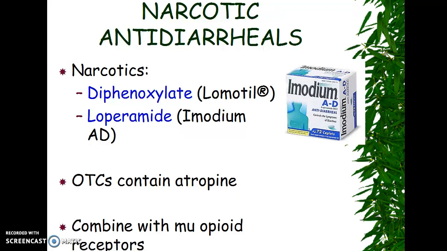It's not impossible, but it's hard to abuse this drug in that way. The side effect from the atropine usually makes people not want to do that. It combines with mu opioid receptors just like opioids do, and causes this effect of altering the motility in the GI tract.